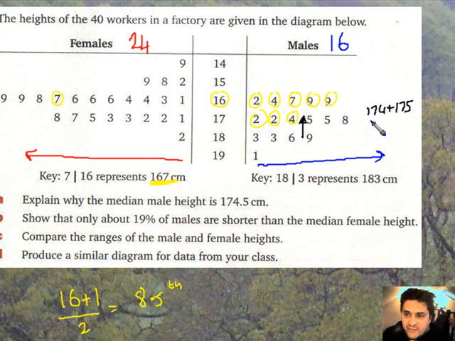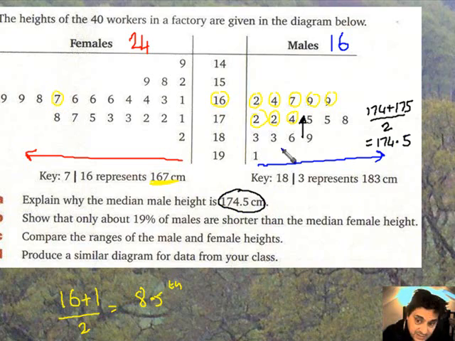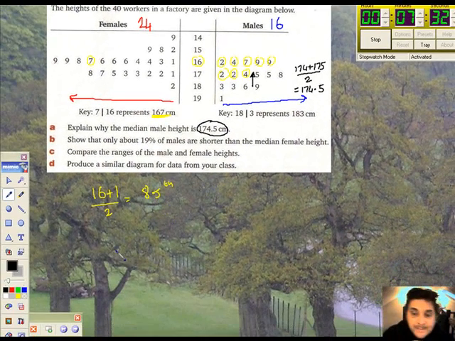What I do is just average them out. So 174 plus 175, and I know that when I divide by 2, I'm going to get the number between 174 and 175, which is clearly 174.5. Therefore, although this height is not in the table, it is in fact correct. We've shown it there.